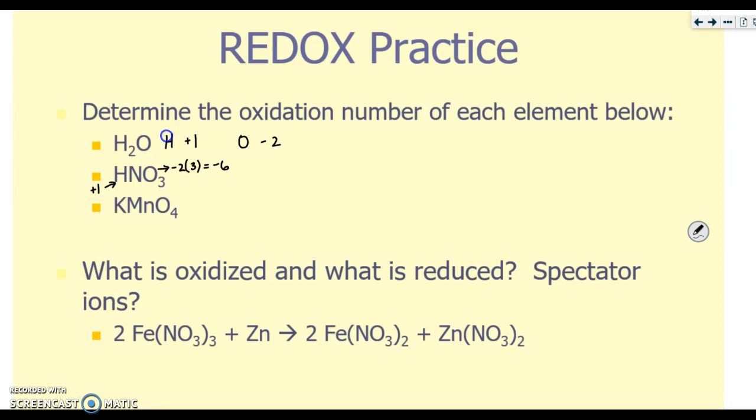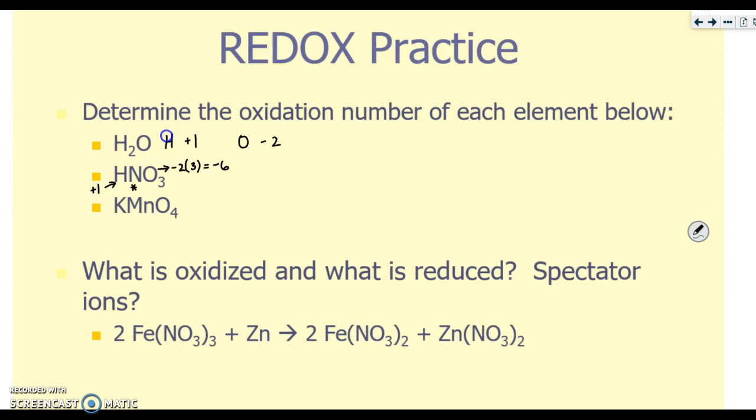So overall, it's -6. N is the one that I'm looking for. Overall, the charge has to be 0. So hopefully you're finding, okay, -6 and 1 makes -5, so N has to be 5.